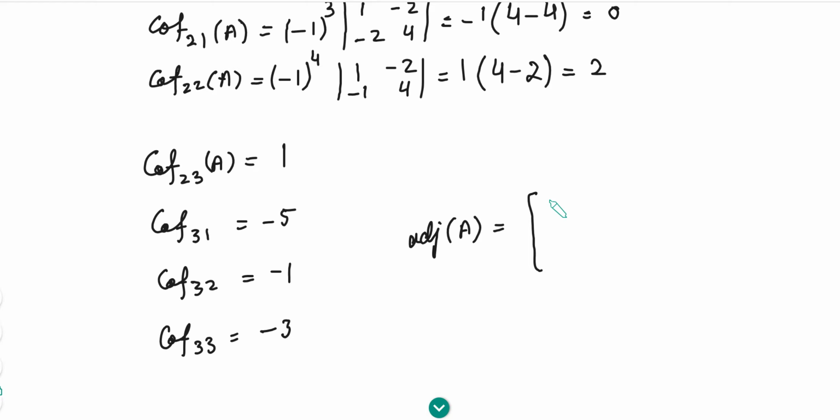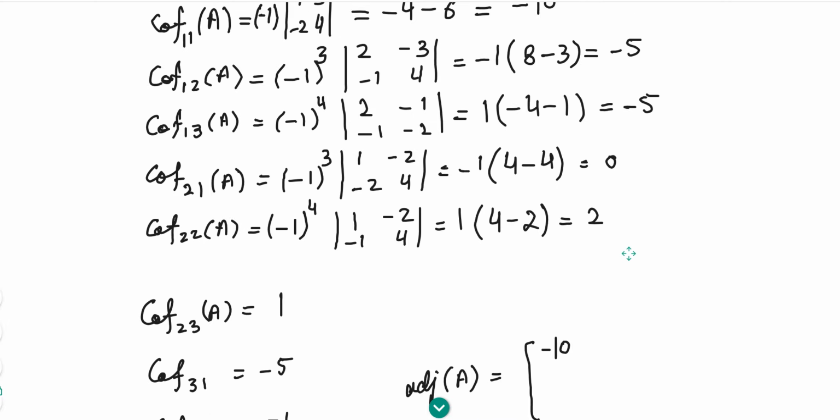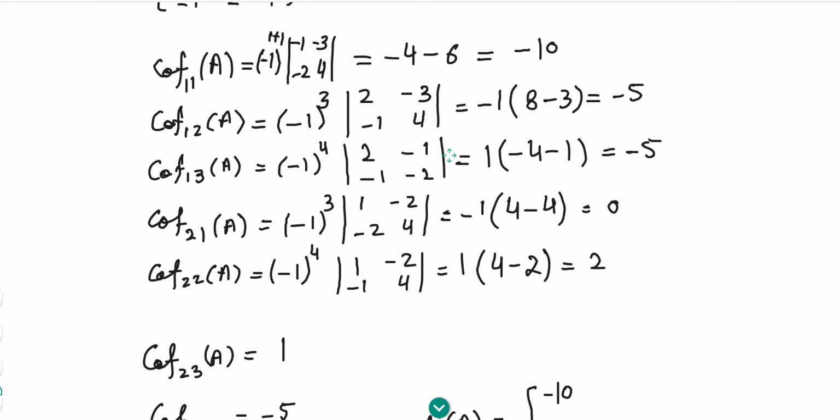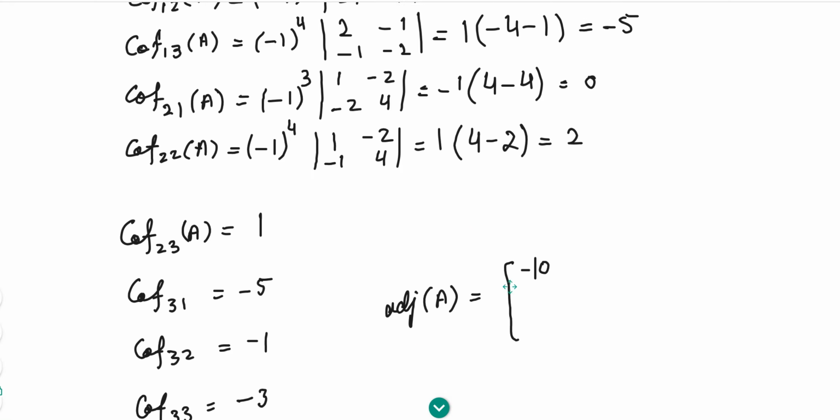So our first cofactor was -10. Then the second cofactor was -5, which was 1, 2, meaning first row, second column. But now we will consider it second row, first column, so we write -5 over here.